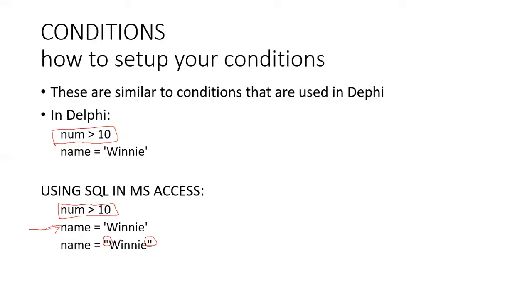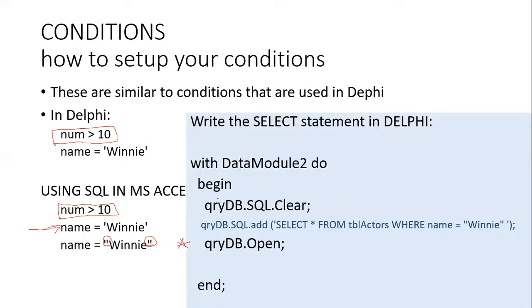And when we are now going to work with our SQL statements, in particular, we are going to make use of double quotes. Let me tell you why we are going to use this particular option. When we take our SQL statement and apply it into Delphi, this is some of the code that we will be making use of.